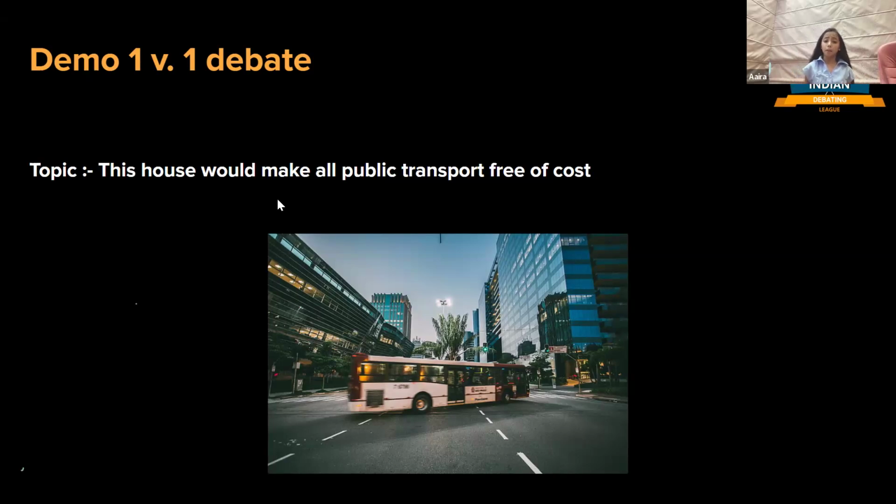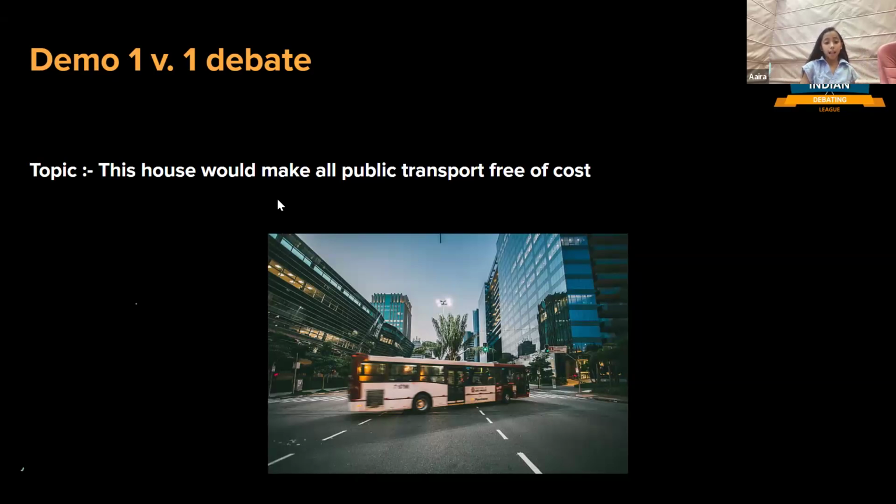Panel, if you vote for the opposition, you'll be voting for a world where inequality grows, pollution gets worse, and many people remain stuck without opportunities. And it contributes to their health. Their side wants to keep transport costs, which means low income families will continue struggling with expensive travel, and cities will still stay full of traffic and pollution.